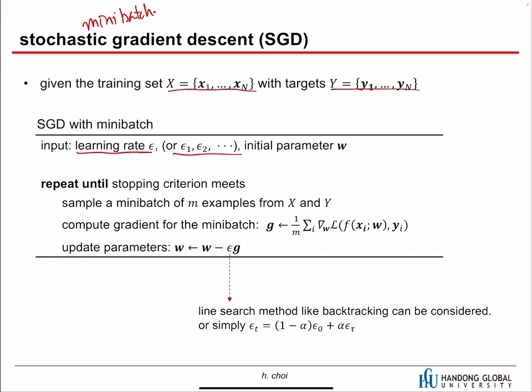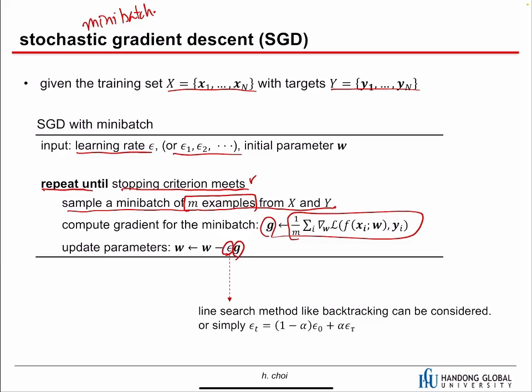Then we repeat until the stopping criterion is met. I'll get back to this point later. We sample a mini batch of m samples from x and y. Then we take the gradient and take an average. That is our gradient. Then, simply, we use the learning rate and the gradient to update w. That's it.